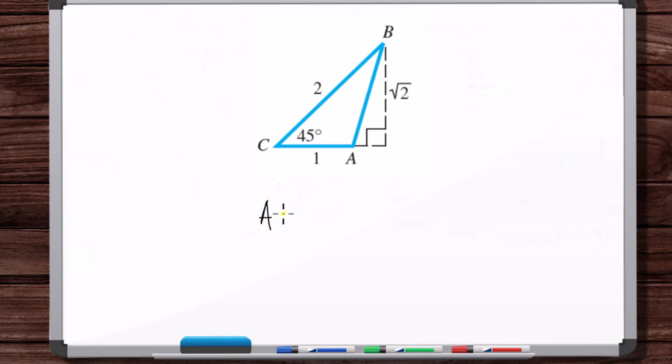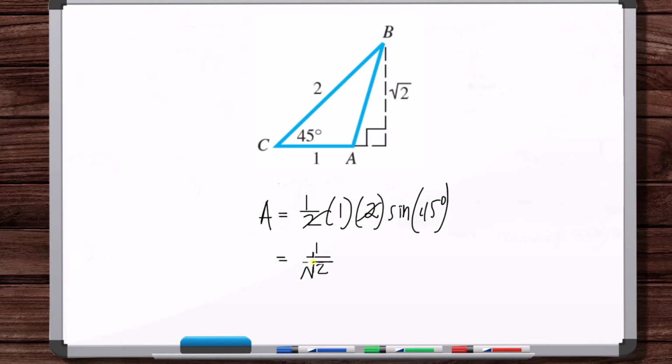Well, then you just do 1/2, pick any two side lengths. Let's pick one and these two. So 1/2 times that side length times that side length times the sine of the angle between them, sine of 45. So we know sine of 45 is 1 over root 2. Now we can rationalize this.